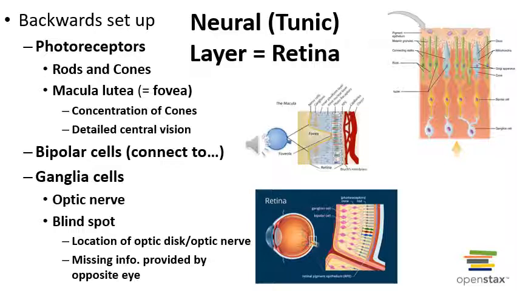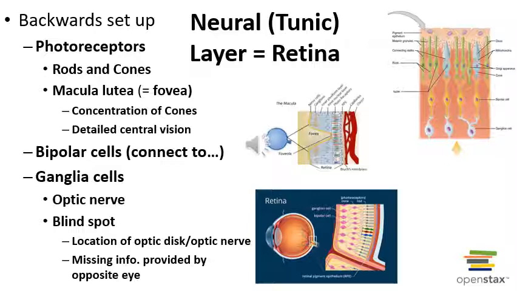But if I essentially try to see to the right of that, above that, to the left, below that, the visual acuity becomes a little bit less. So what happens is our eye is going to be involved in focusing the far majority of what we look at on that one place on our retina called the macula lutea, sometimes also called the fovea. And the fovea is where we have this ultra high concentration of a type of photoreceptor called a cone. And that's what gives us our detailed central vision.